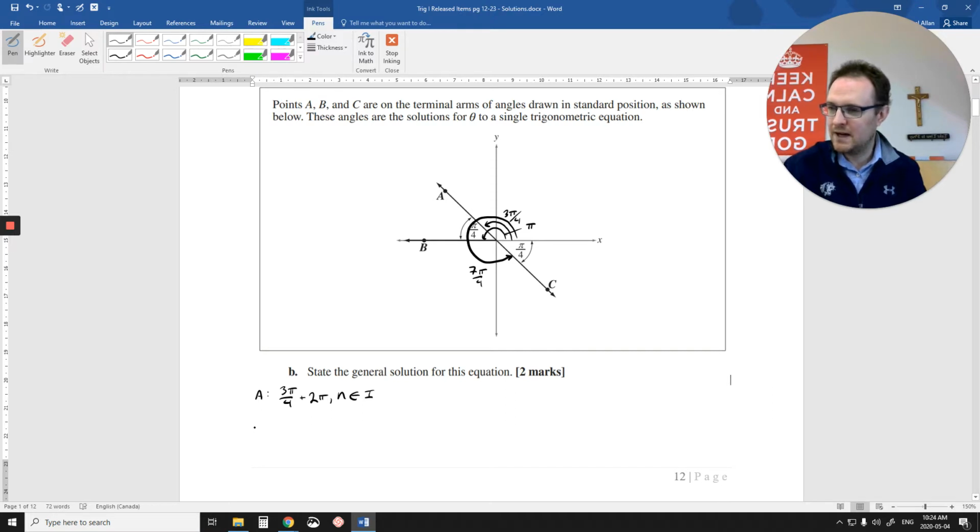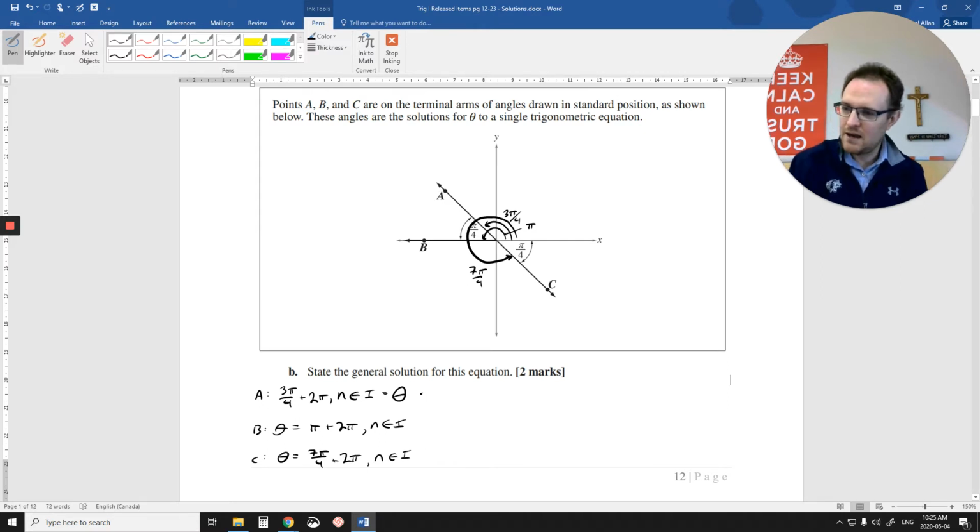Okay, for angle B, I should probably put down theta equal to the principal angle plus 2 pi n. Okay, and for angle C, it's going to be 7 pi over 4 plus 2 pi n.